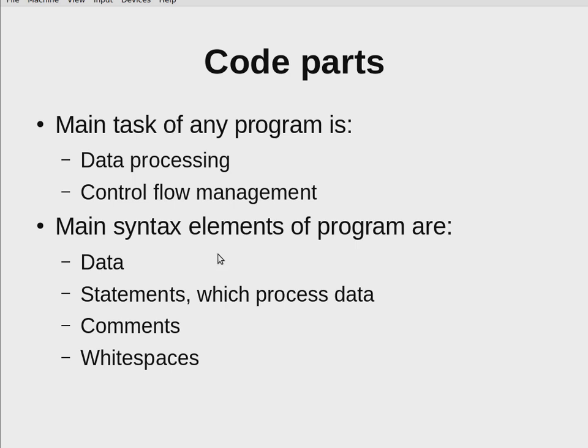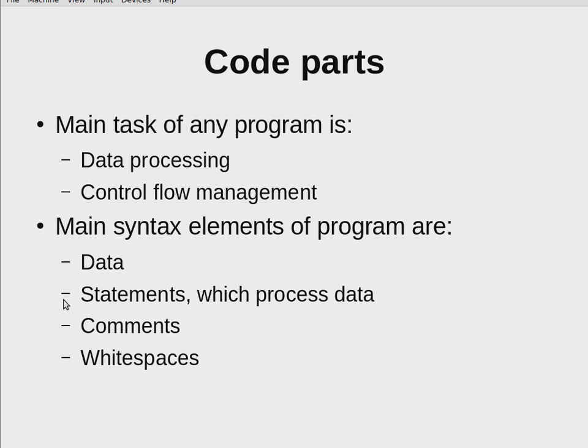The main syntax elements of any program are the data you handle, and this data may be, in Java particularly, plain data without internal structure, called primitive data types, or structured data with more complicated data structure, which are called objects.